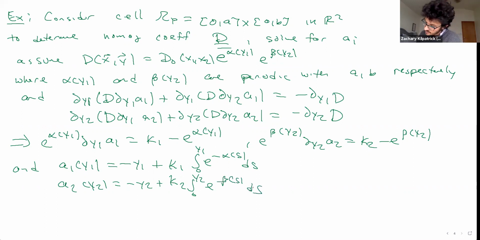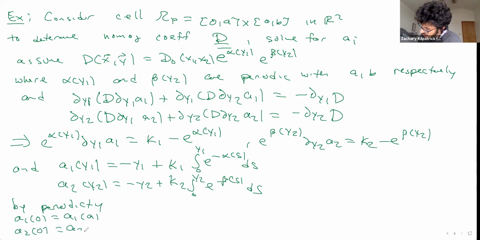Okay. And by periodicity, we have that a1 of 0 is equal to a1 of a, and a2 of 0 is equal to a2 of b.